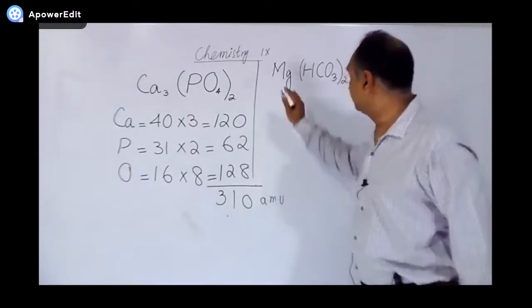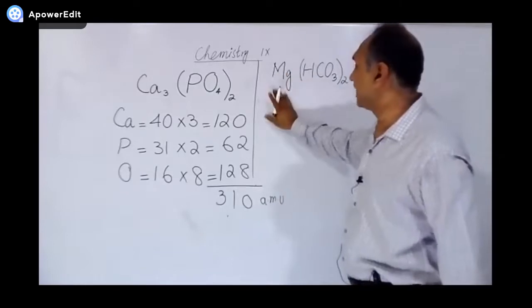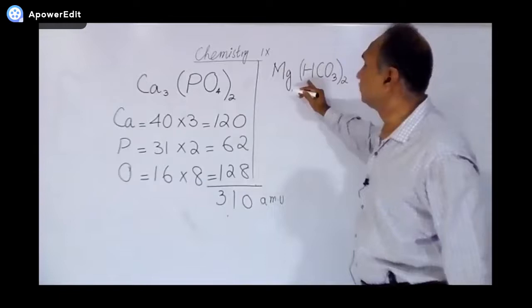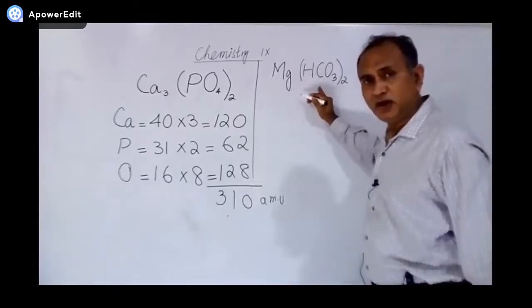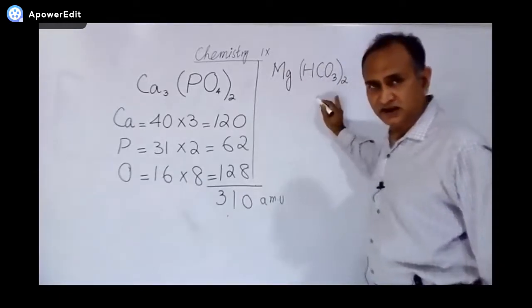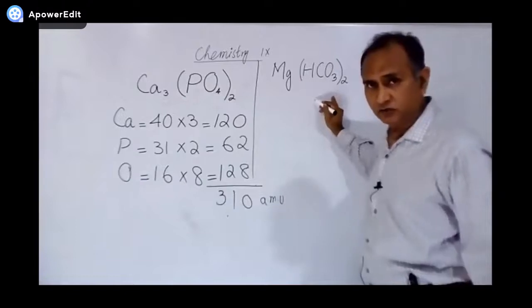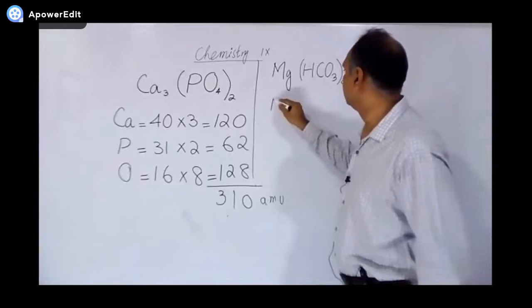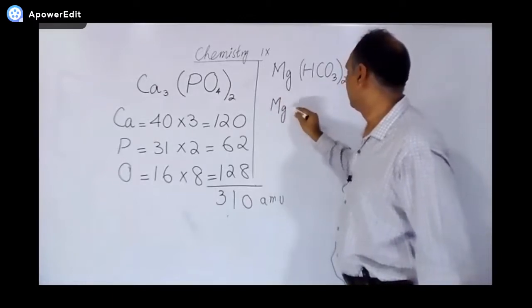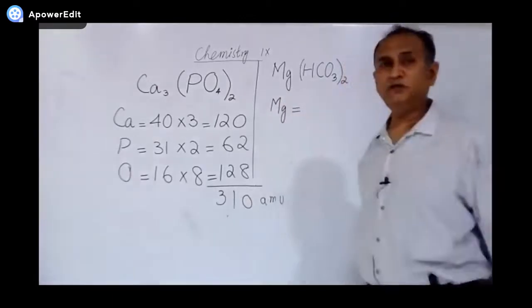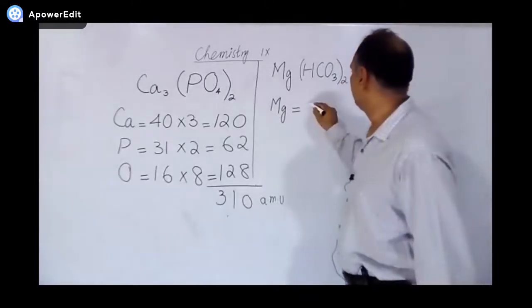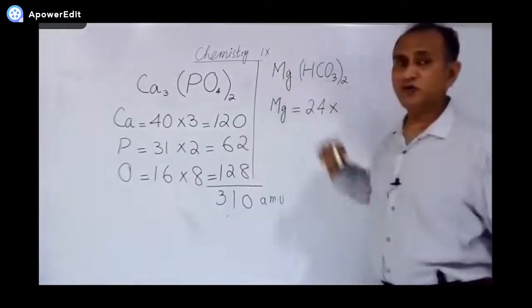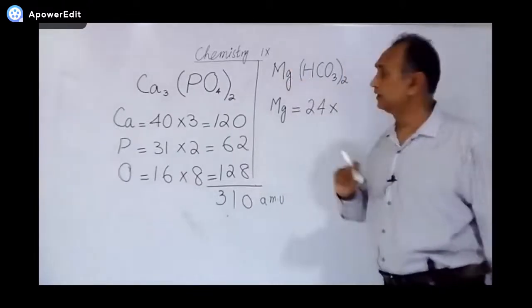So the atomic masses of magnesium 24, hydrogen 1, carbon 12, oxygen 16. It will be given to you. All right. Let's start. Magnesium. What is the mass of one magnesium? 24, I told you. How many magnesium do we have here? Just one.